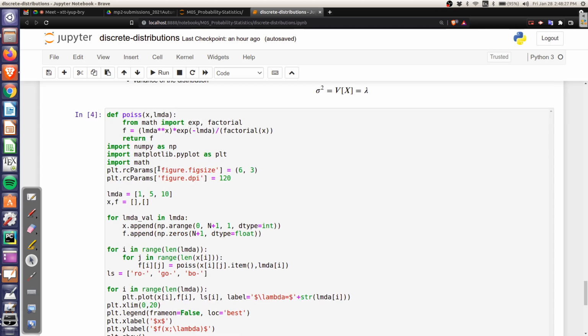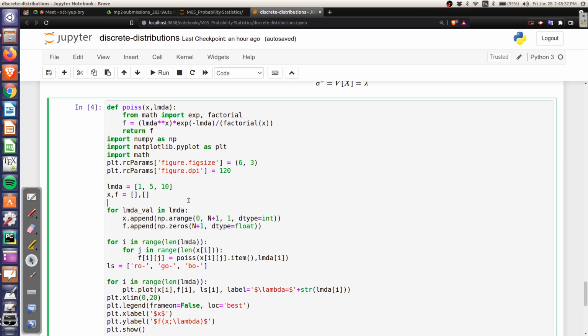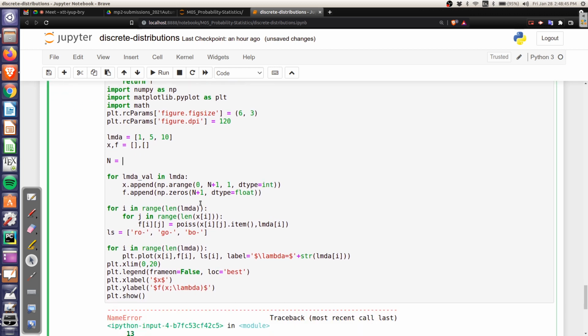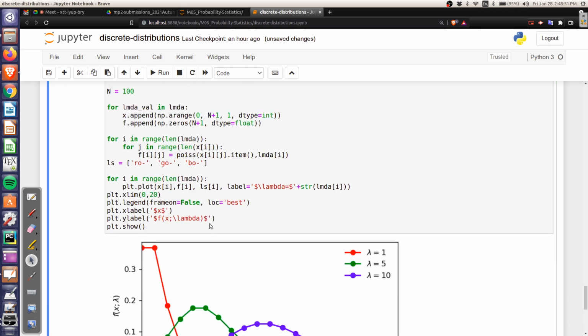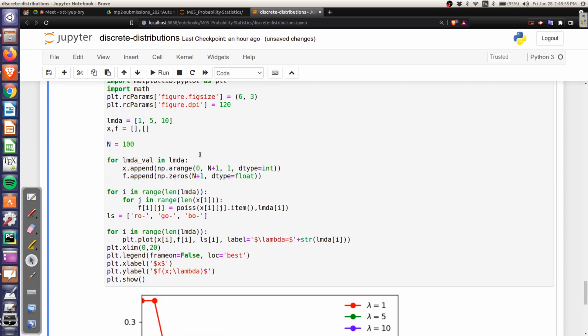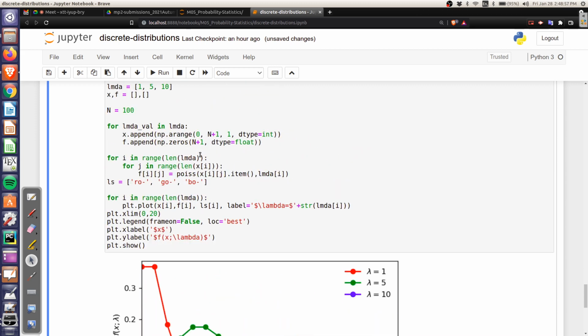I might have deleted some values here. Let me just try something. Okay. Right.